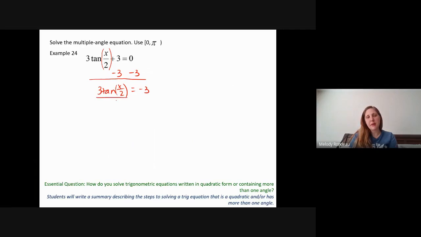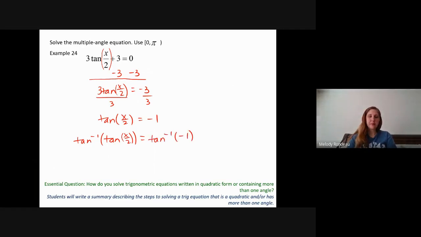And then divide by 3. And I get -1. So then I need to get rid of my tangent. So I'm going to take inverse tangent. Sorry, it takes me a while to write all that, as I'm sure it takes you guys a while to write it too.